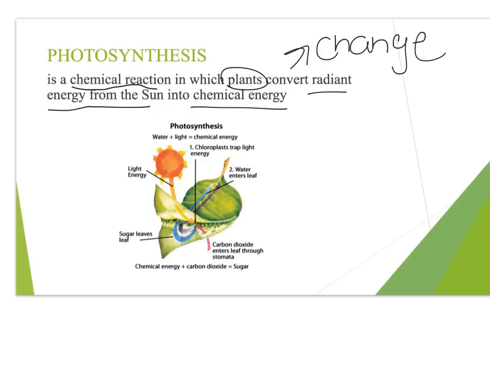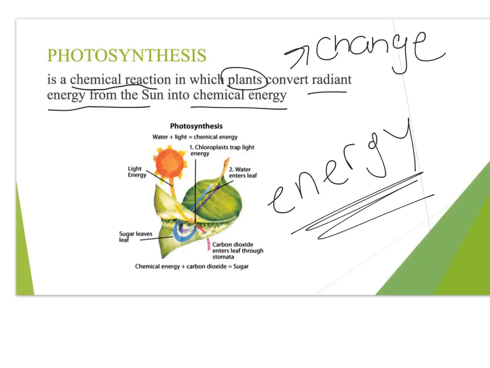Remember we talked about how photosynthesis is an energy transformation, and the two forms of energy involved are radiant energy and chemical energy. We start with that radiant energy from the sun. Through photosynthesis, it is then converted into sugar, which is stored chemical energy. So photosynthesis is a chemical reaction in which plants convert radiant energy from the sun into chemical energy.